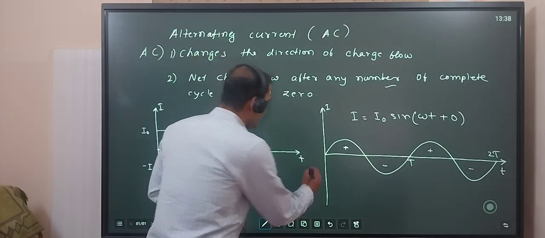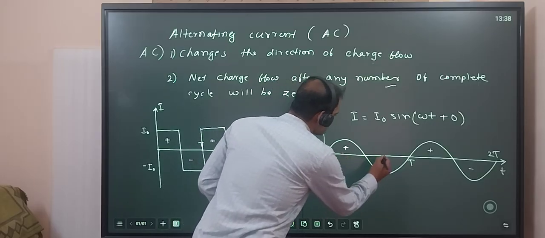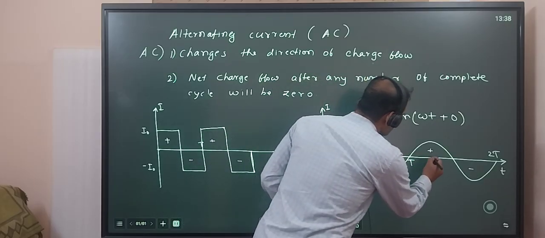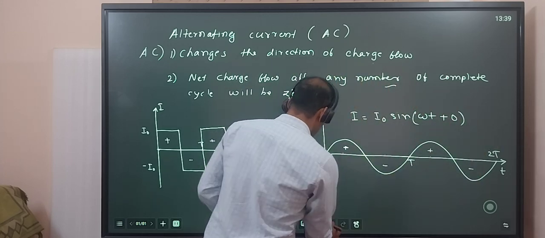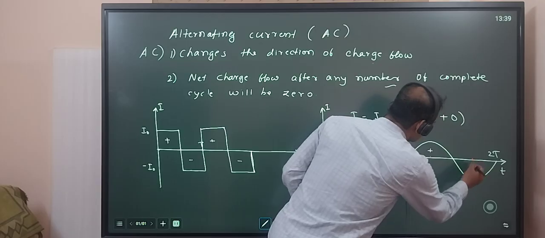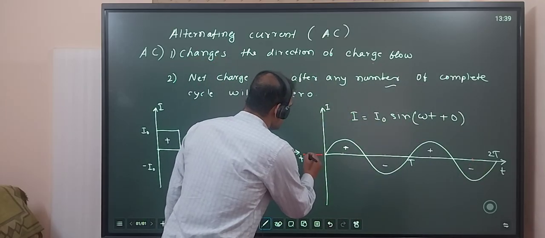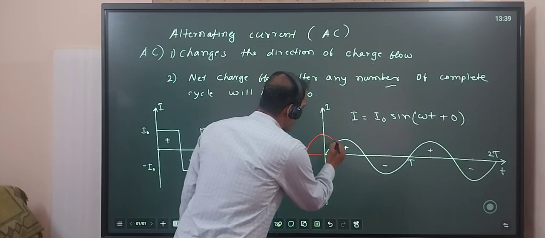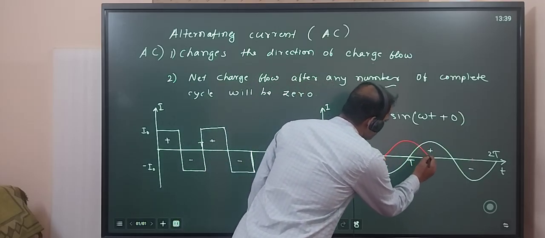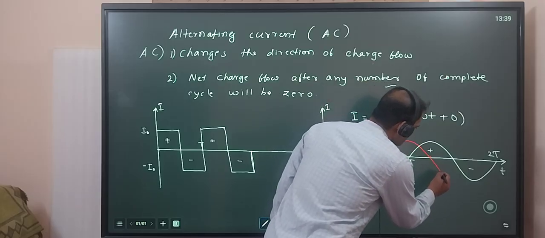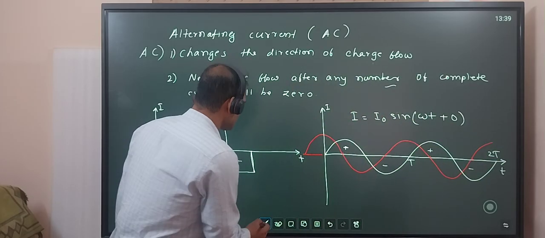The cosine one will look similar, but it will look like it is starting a bit earlier. The cosine curve is leading. It is following the same graph, but it is starting earlier.